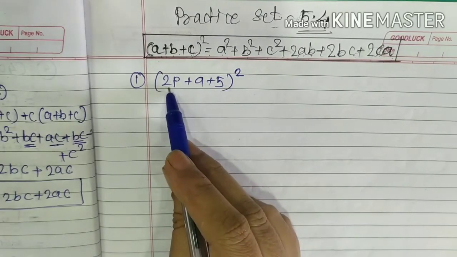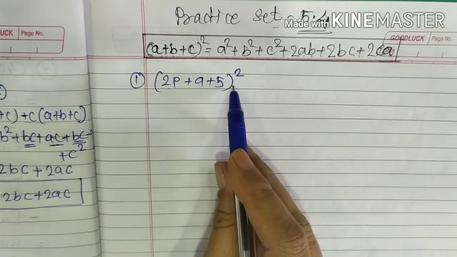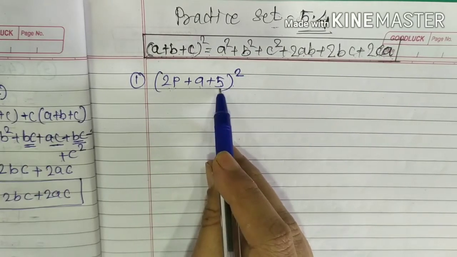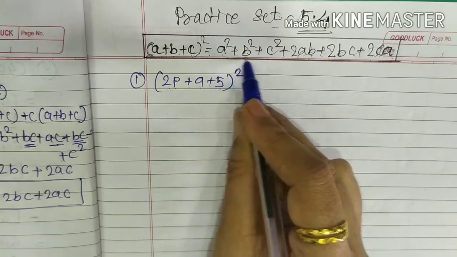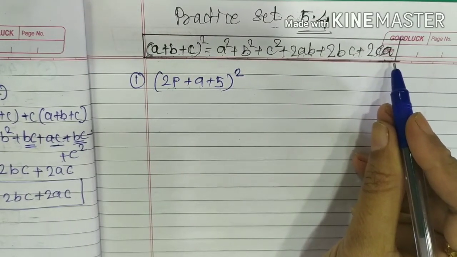Example number 1: (2p + q + 5) whole square. So this is a, this is b and this is c. Let's expand by using this formula. First, there are the squares.